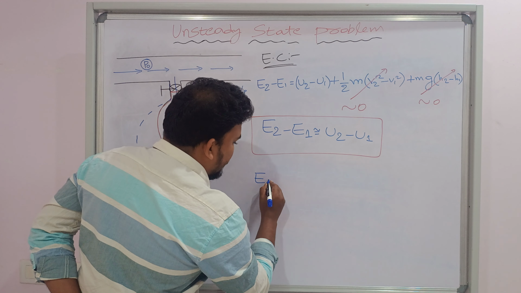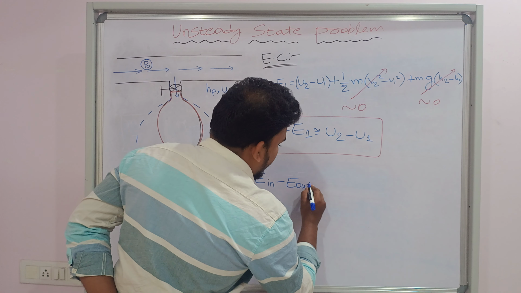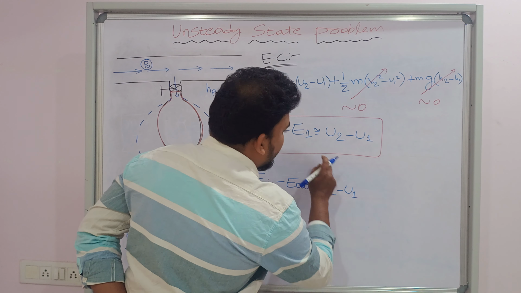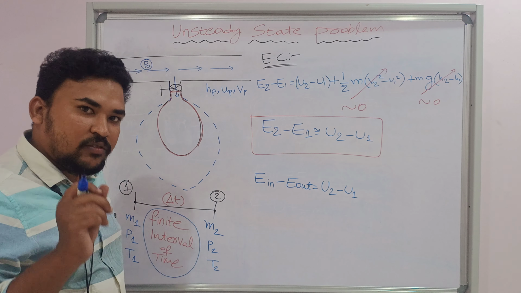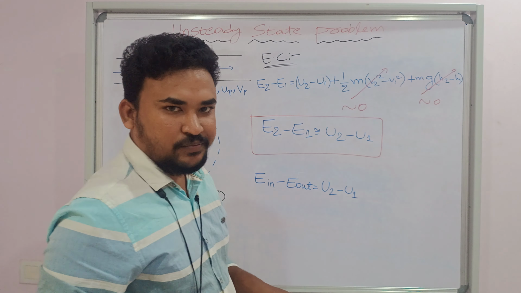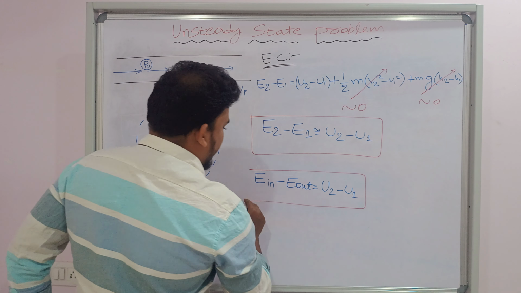We have landed with energy in minus energy out equal to U2 minus U1, because E2 minus E1 becomes approximately equal to U2 minus U1. Not equal, approximately equal, because these energies are neglected. Correct now? This is the final energy equation.